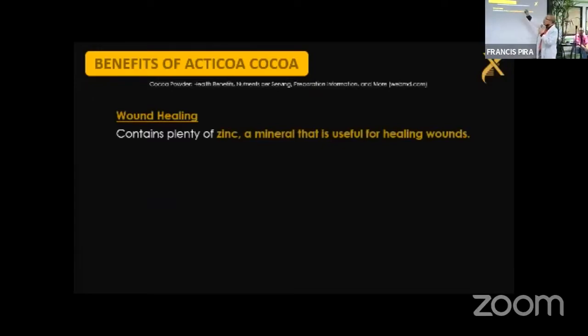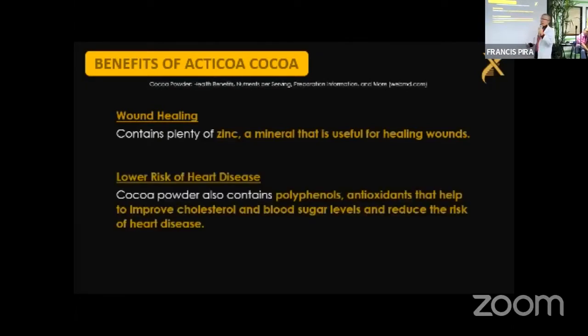So the flavonols are also good for wound healing. Plenty of zinc, a mineral that is useful for healing the wounds. That's why our fulvic mineral is also good for wound healing. You take your flavonol, you take your fulvic mineral, it will be a good tandem or synergy to each other.